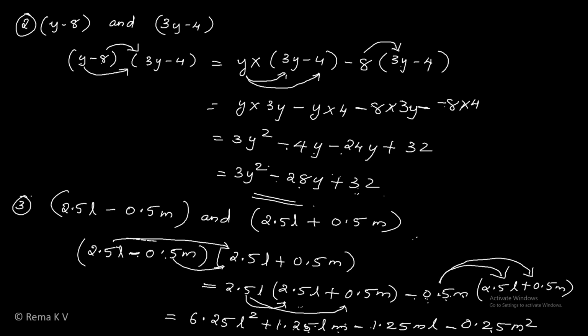So these two become 0 and the final answer is 6.25 L square minus 0.25 m square. First term is 6.25 L square, these two become 0, minus 0.25 m square. Is it clear?